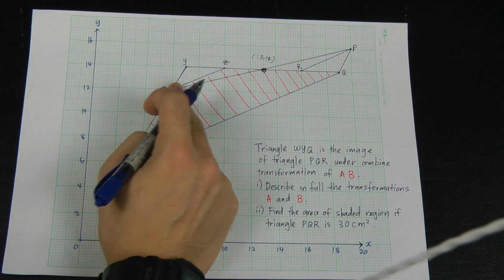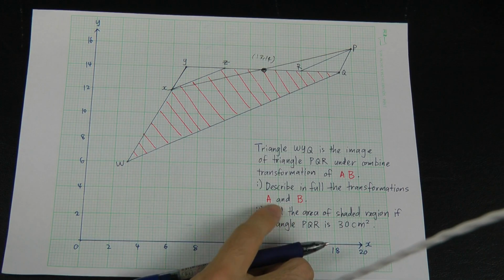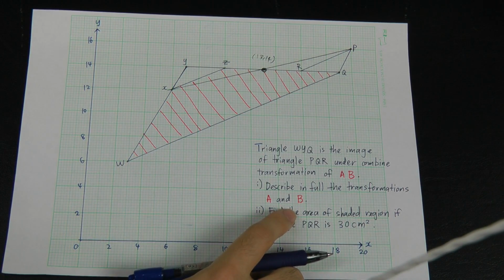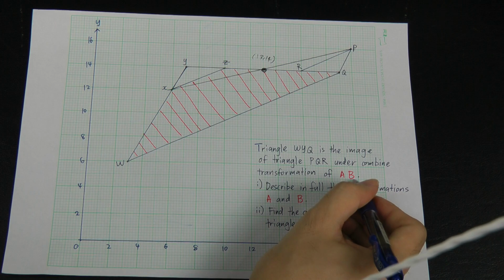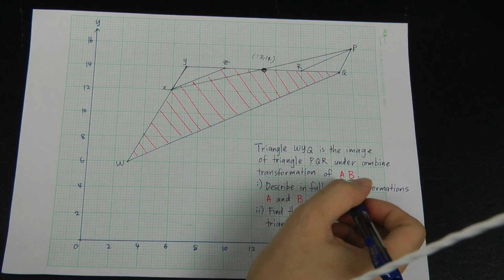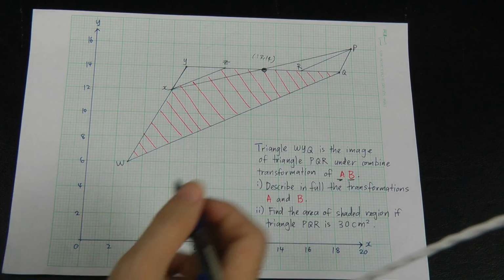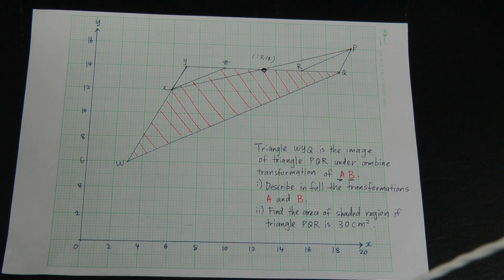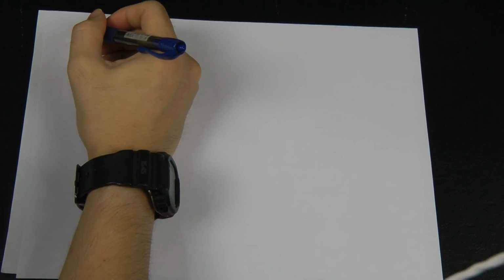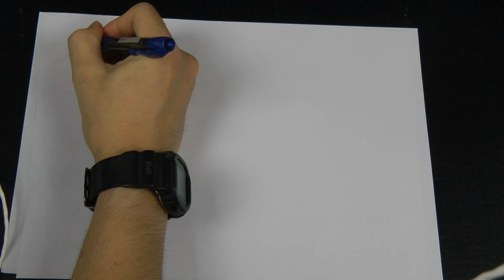Alright, so if the question asks you to describe in full the transformations A and B, obviously we know B basically is the rotation, and A basically is the enlargement. So what I will do is I will actually list it down. So for B over here, I will write like this.